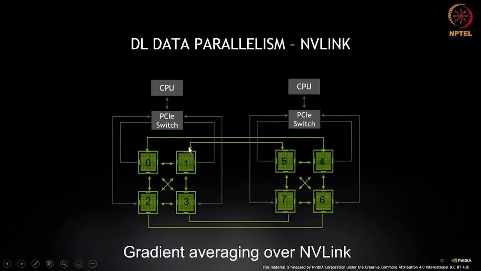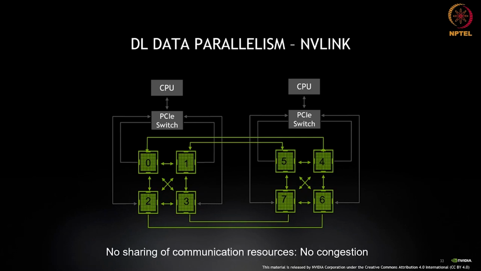So the GPUs can talk to each other via NVLink rather than via the same PCI bus which is being used for the data transfer as well. So there is no sharing of communication resources, resulting in almost no congestion and much better scaling, or performance.